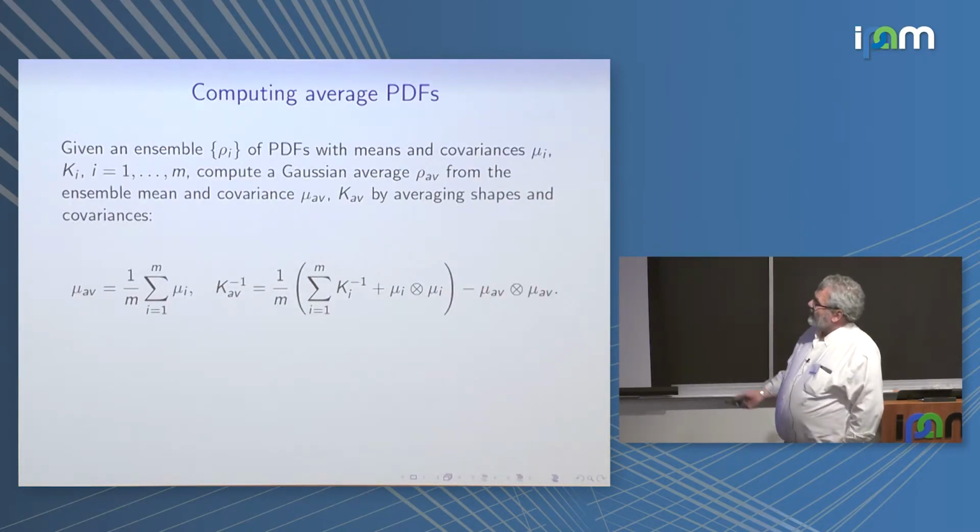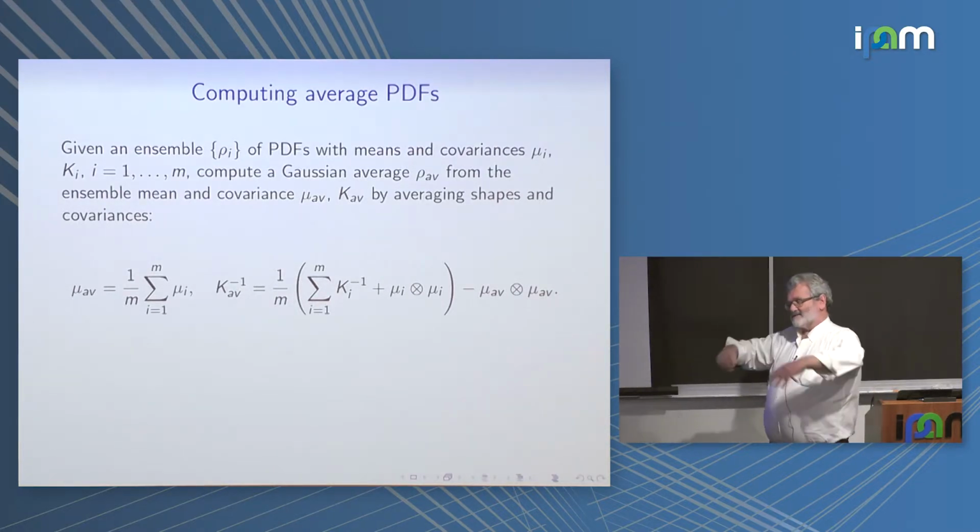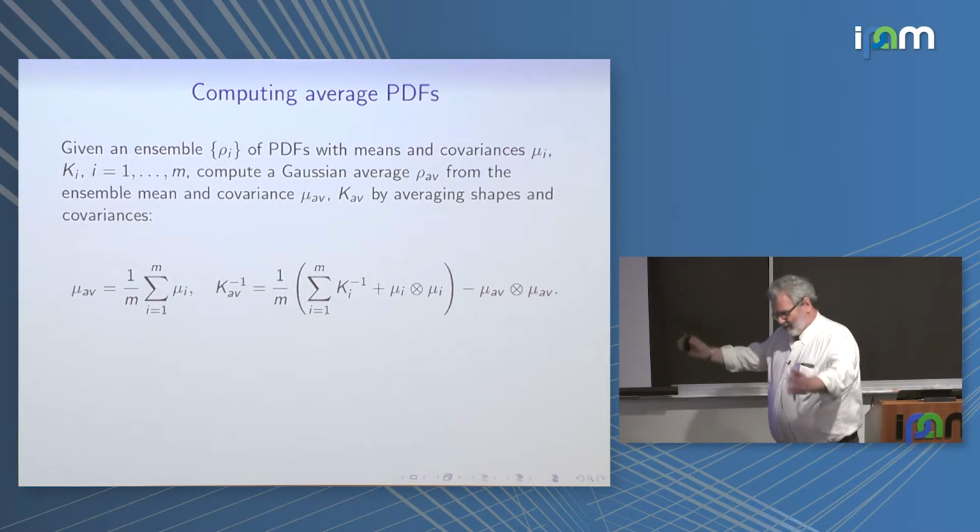So that's good. How do you compute averages? There are many different notions of average PDF. In our parameter estimation, we estimate parameters by averaging over an ensemble of configurations. So the sensible way to average PDFs is to make a super ensemble of all the configurations.